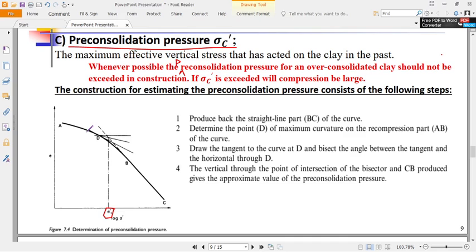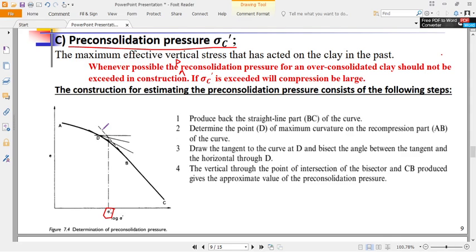Then also draw a horizontal, which should be parallel to the line, using maybe a set square. Then you bisect the angle between this horizontal line and the tangent. Where that bisector meets the other line which you extended, you drop a line down, and we come out to the pre-consolidation stress.